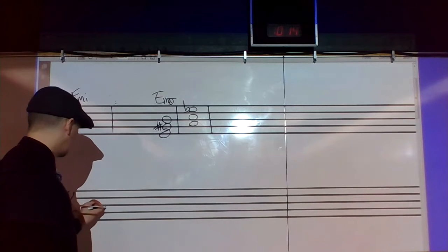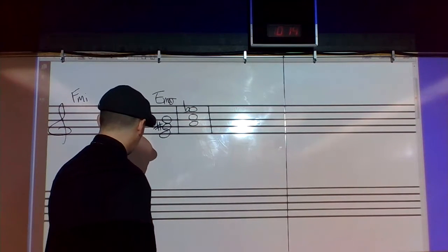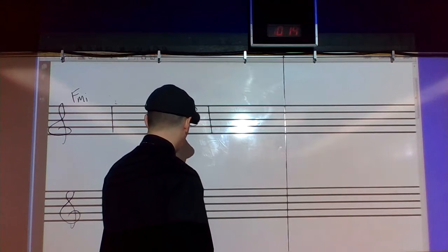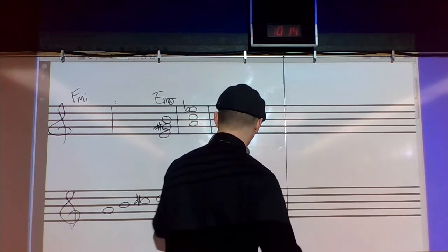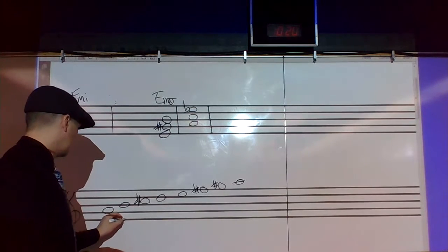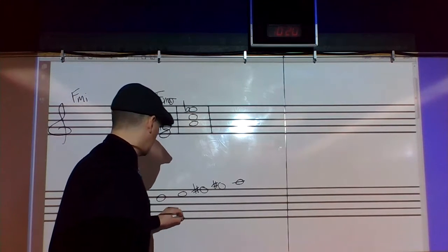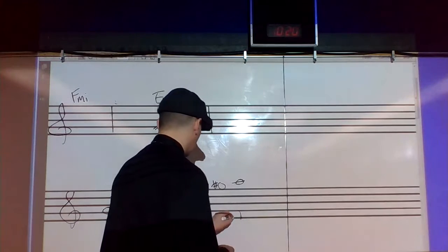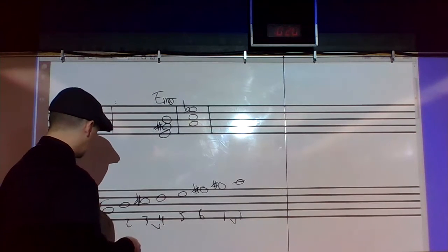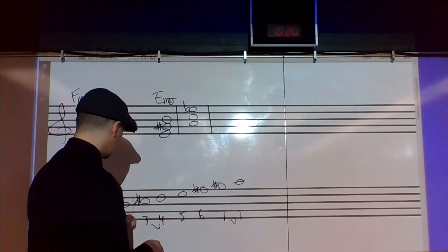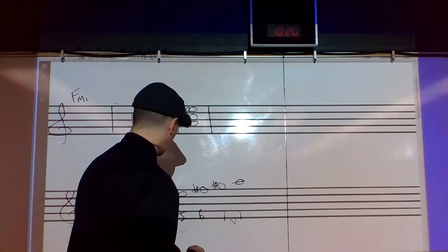And I'll write out the major scale for A. G sharp, A. And there is my A major scale. There are my degree numbers. Remember, I'm trying to get the major chord so that I can compare.